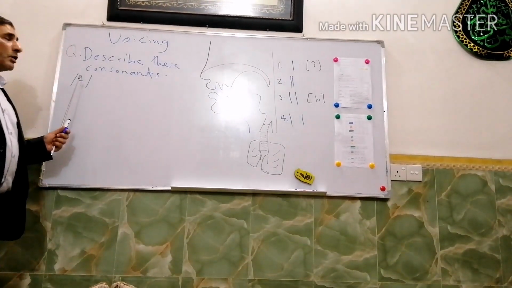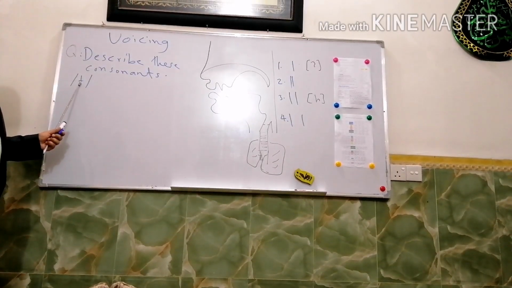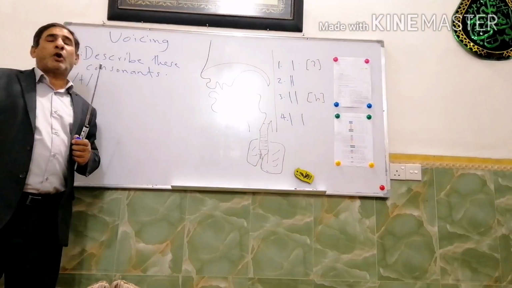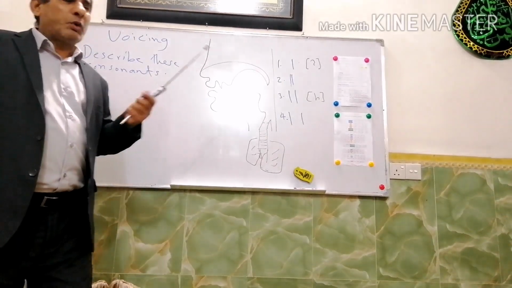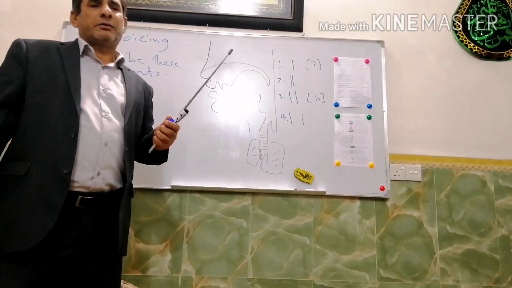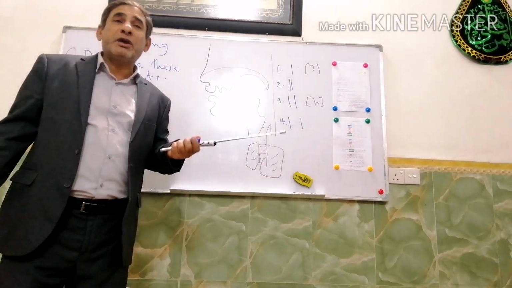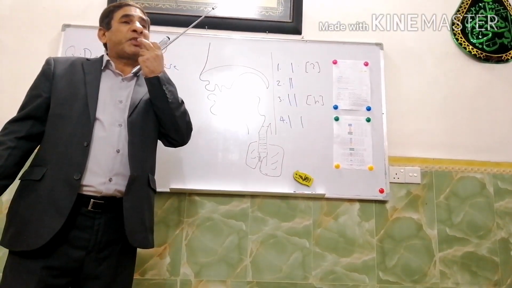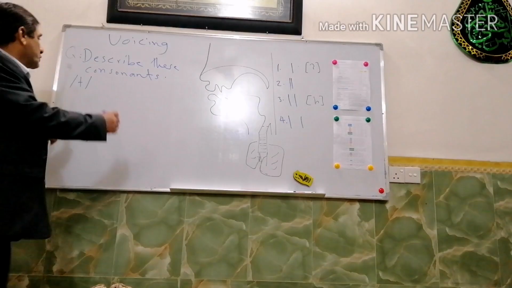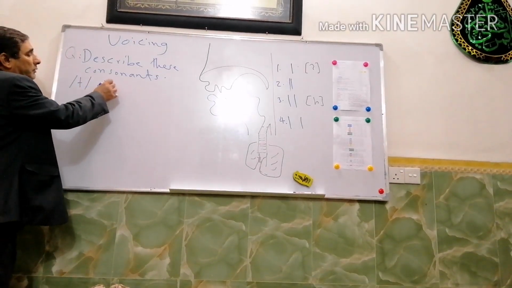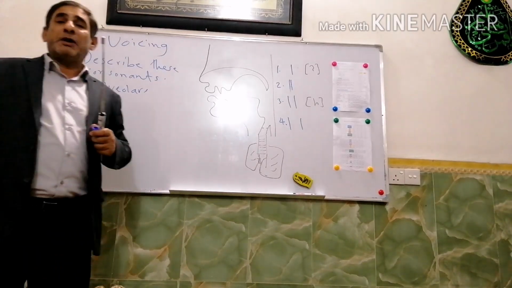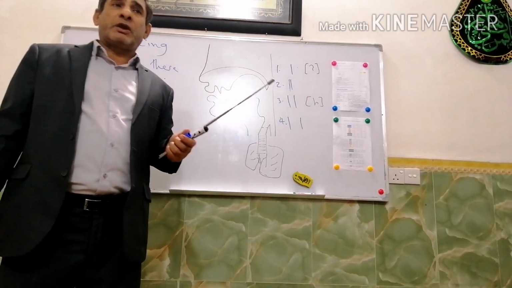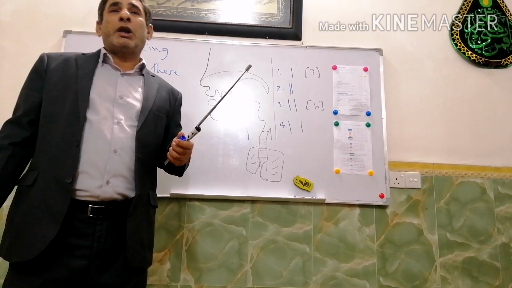For example, from the point of view of place of articulation, what do we consider te? What do we use here to produce te? We use the tip of the tongue touching the ridge. So this is called alveolar.